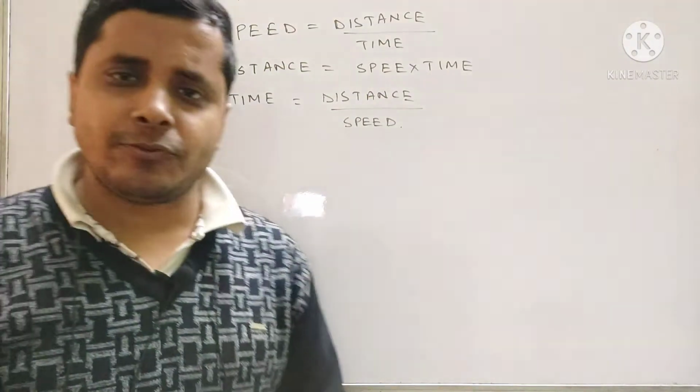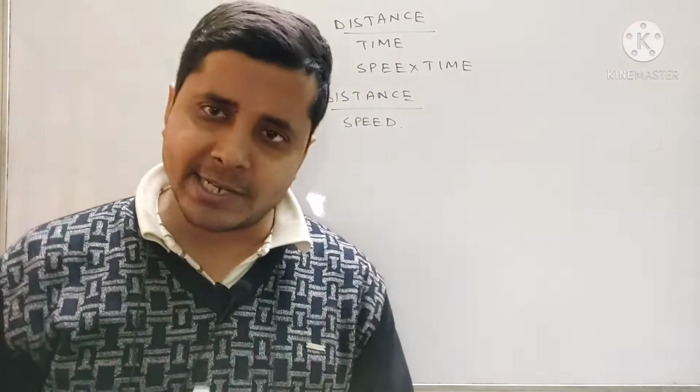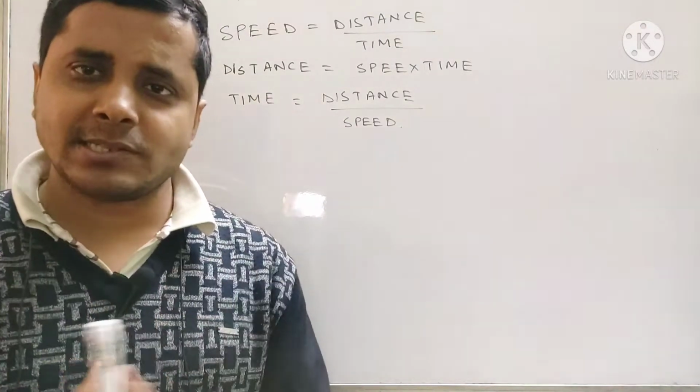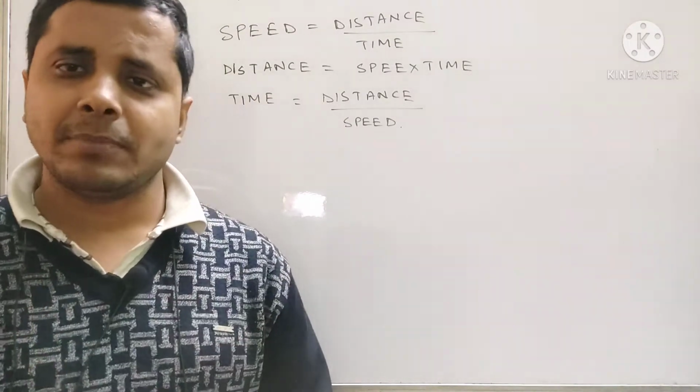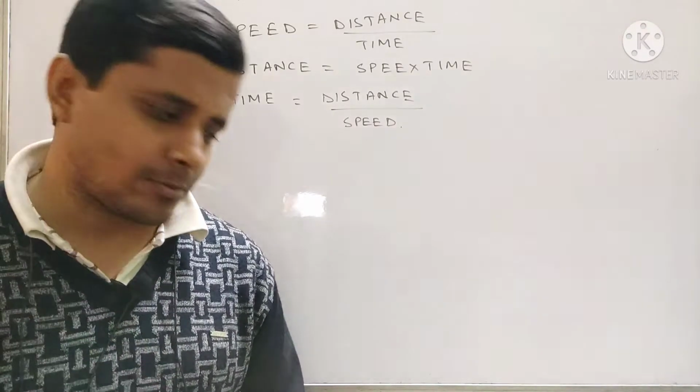So these are the three formulas which we will be using in this exercise. First one is speed is equal to distance by time. Next, distance is equal to speed into time, and time is equal to distance by speed. These three formulas we will use.